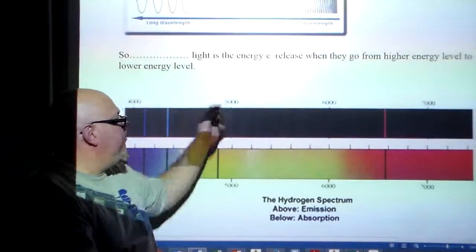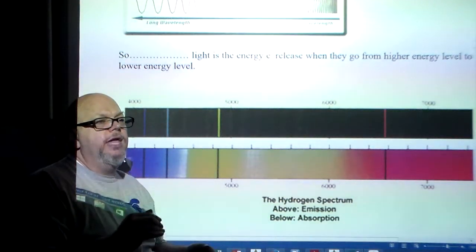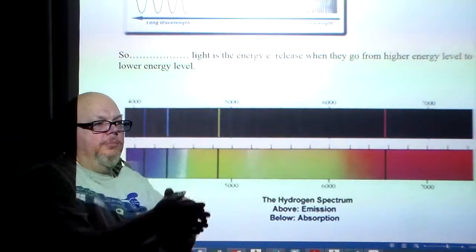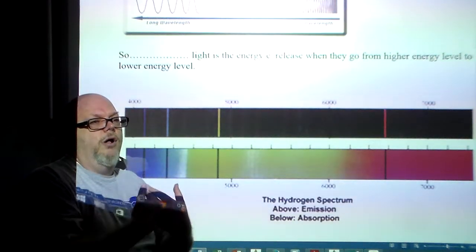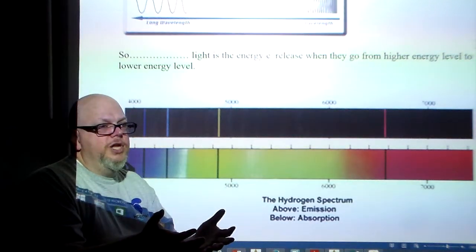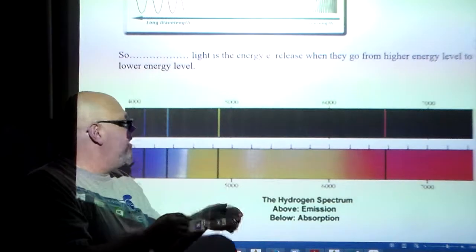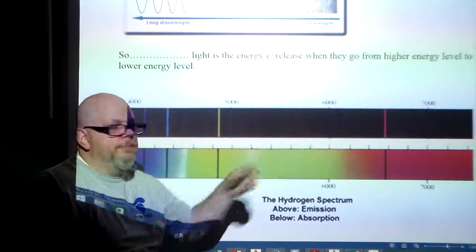So when we talk about lines like these, we're saying the electrons are coming down off their higher point, and they're giving off this energy. The energy that they give off, we pick it up with these lines.